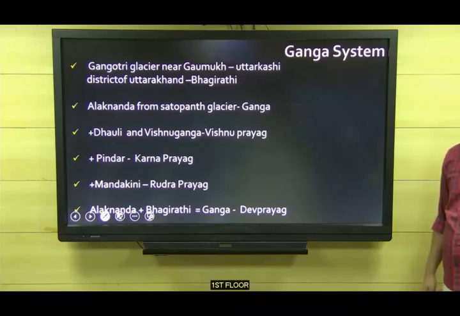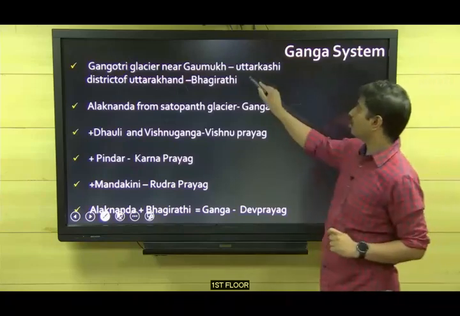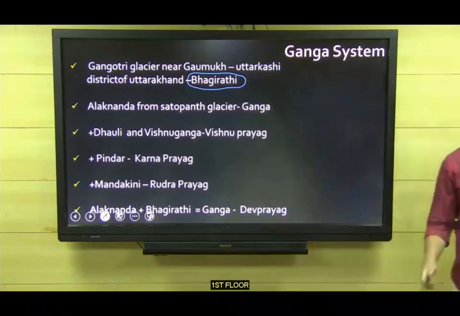Now coming to the Ganga system. It is from the Gangotri glacier near Gaumukh in Uttarkashi in Uttarakhand. Okay, the river when it originates is known as Bhagirathi. It is not called Ganga, it is called Bhagirathi.